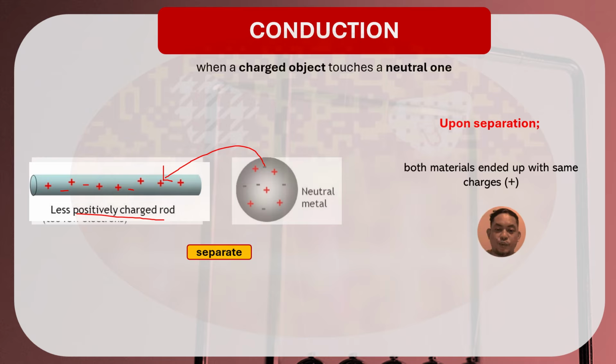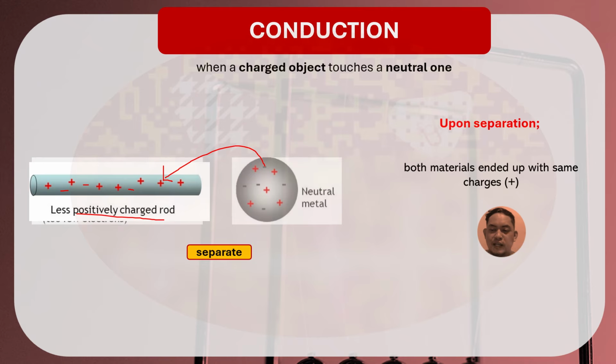With a decreased number of electrons, the protons are now greater in number, since the protons stayed there.